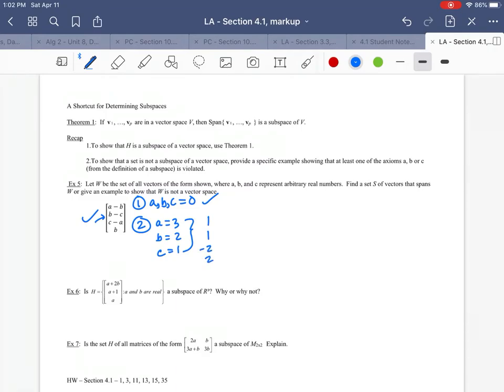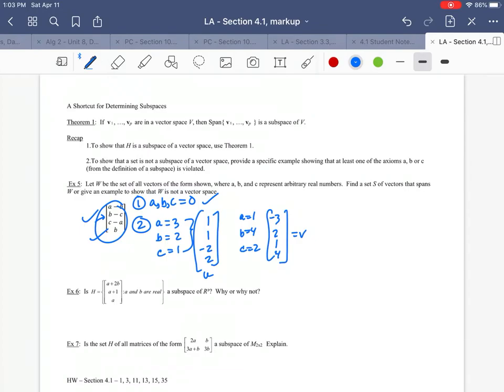I'm going to call this one my vector U, because that vector is in this space right here. And then I'm going to let A equal 1, B equals 4, and C equals 2. When I plug that into my formula, this is the vector I get: -3, 2, 1, and 4. So these are both things in this little space right here. This is going to be my V.